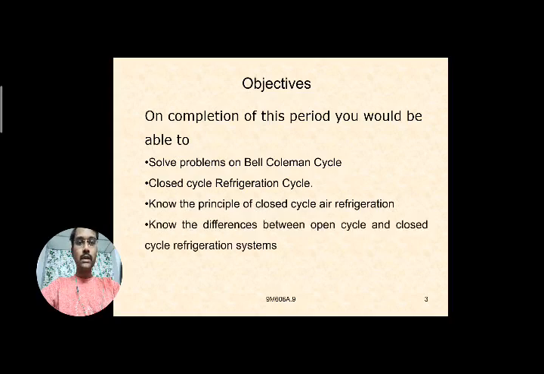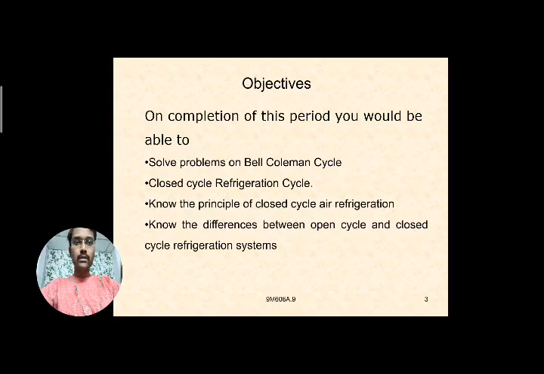We will also see the differences between the open cycle and closed cycle refrigeration systems. Hope you have understood the open cycle refrigeration system from my previous video classes. Today we will complete the second type of air refrigeration, that is the closed cycle air refrigeration, and see the differences between the open cycle and closed cycle refrigeration systems.